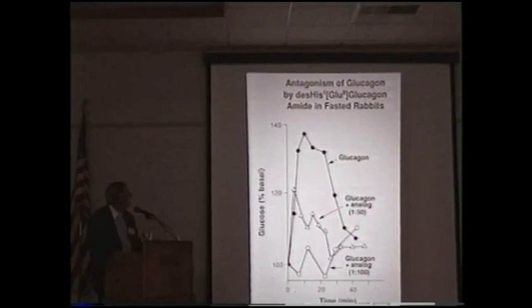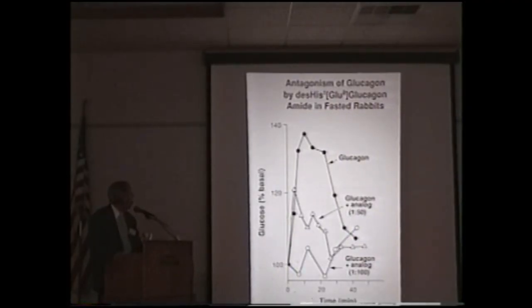So 10 or 15 minutes, you reach a maximum with intravenous injection. The center curve is if you put in a ratio of 50-to-1 of the antagonist, then you cut the activity down to half, and at 100-to-1 it was virtually completely inhibited. So that came out the way we wanted it.